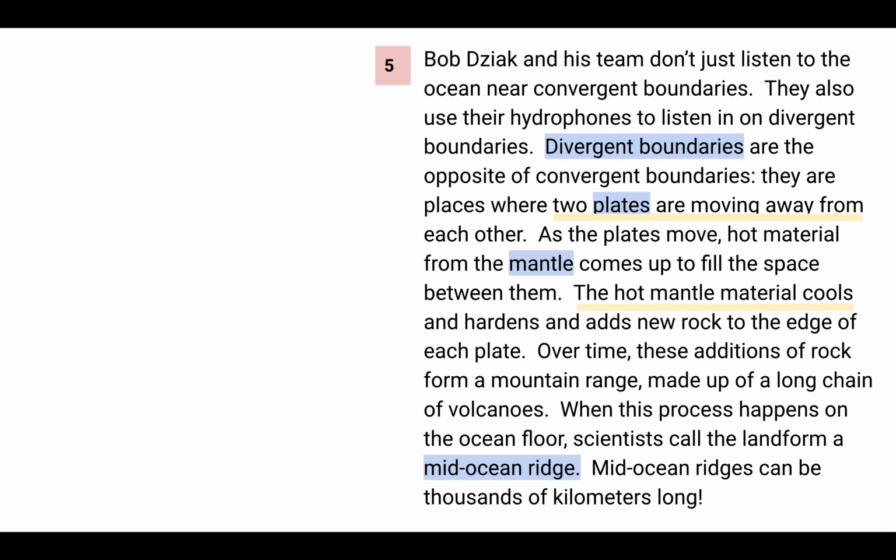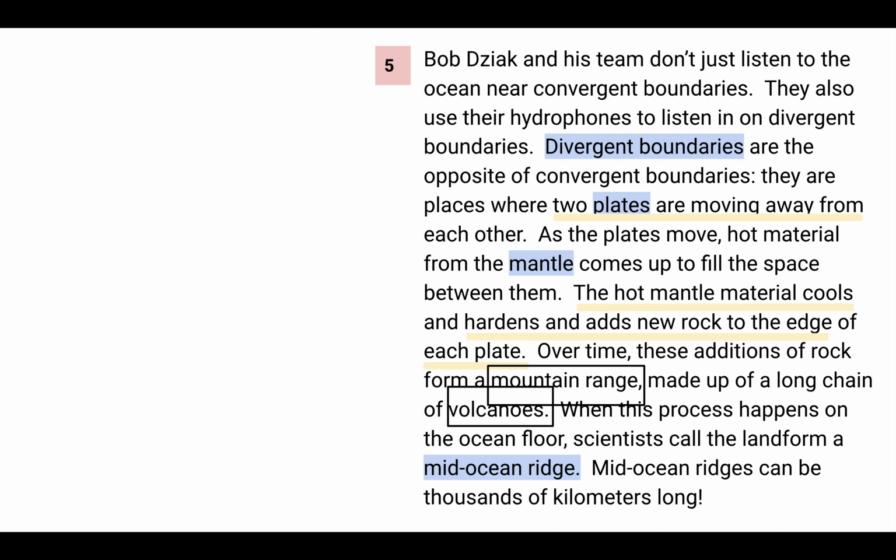The hot mantle material cools and hardens and adds new rock to the edge of each plate. Over time, these additions of rock form a mountain range made up of long chain of volcanoes. When this process happens on the ocean floor, scientists call the landform an ocean ridge.